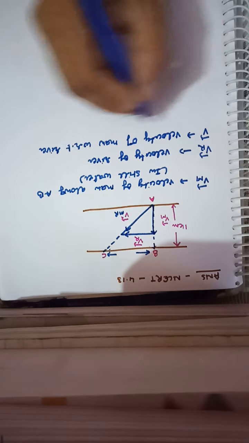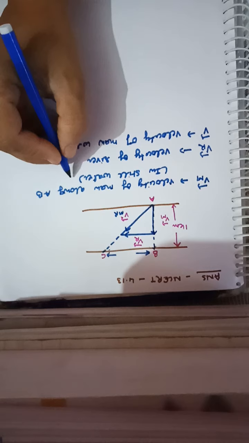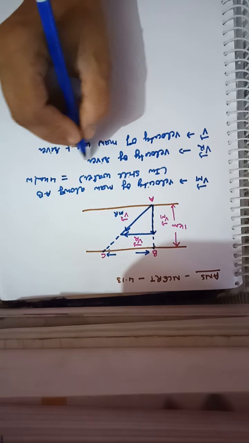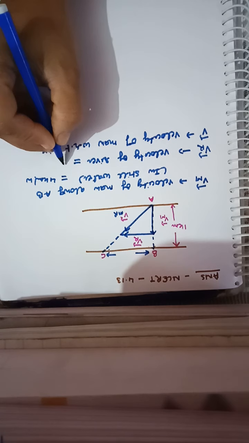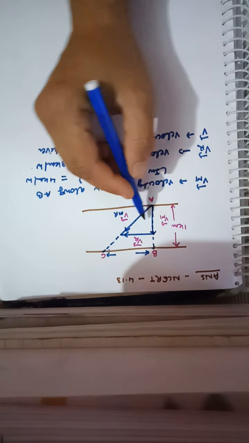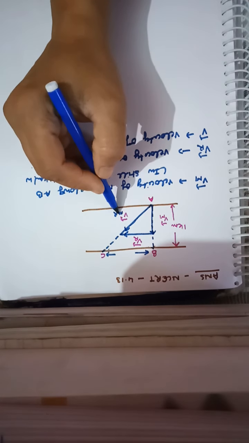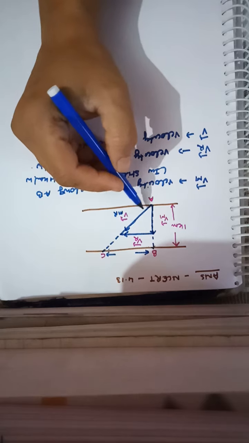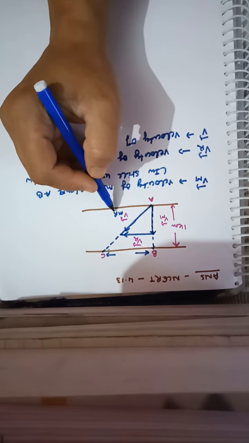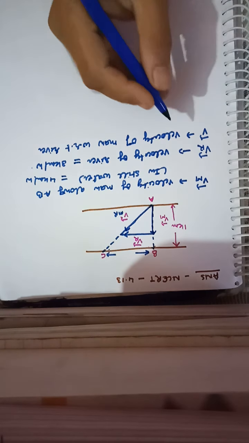So first of all, the velocity of the man along the AB direction, meaning in still water, is given as 4 km per hour, and the velocity of the river current is also given as 3 km per hour. But along with the velocity of the river, this is the direction of the velocity of the man with respect to the river current. So the man will go in this direction with the direction of the river current. Clear? Now what will happen?